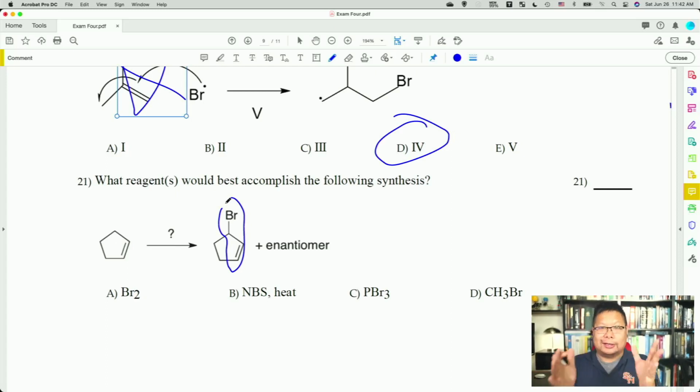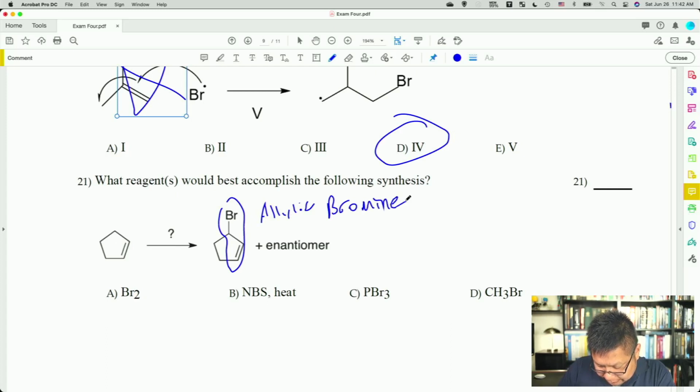I put all those words together, my bad. The product here is an allylic bromine. The only thing that can do this kind of halogenation, allylic halogenation, is NBS and heat. Okay.